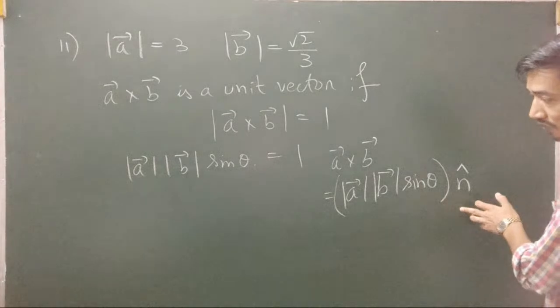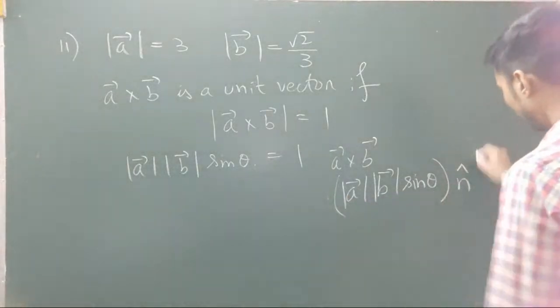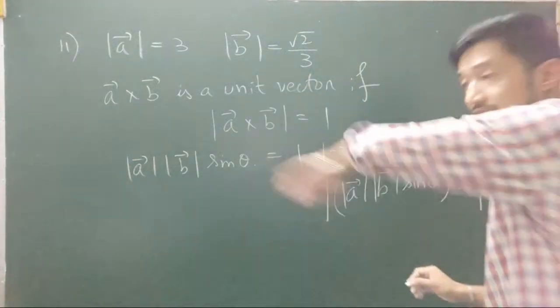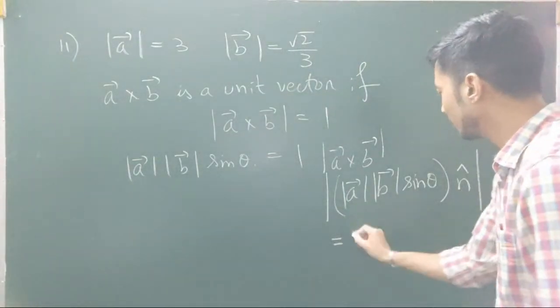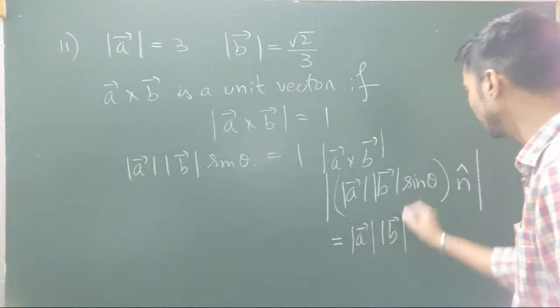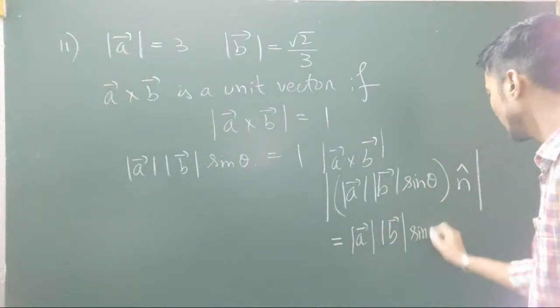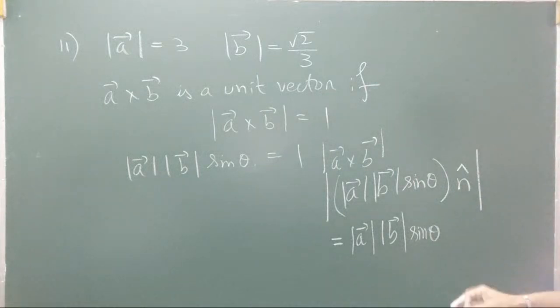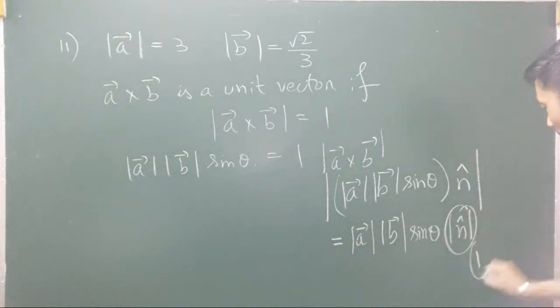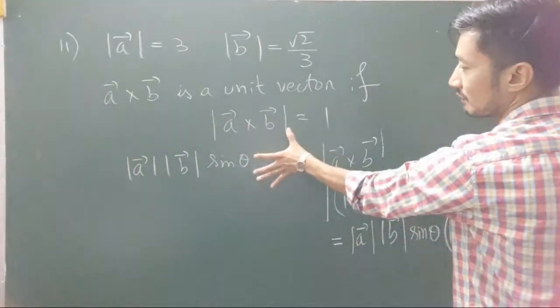Now if you go for the magnitude of this cross product, magnitude of A will be magnitude of A, magnitude of B will be magnitude of B, sine theta will remain as sine theta, then magnitude of n cap, a unit vector, will be 1. That's how we get this relation.